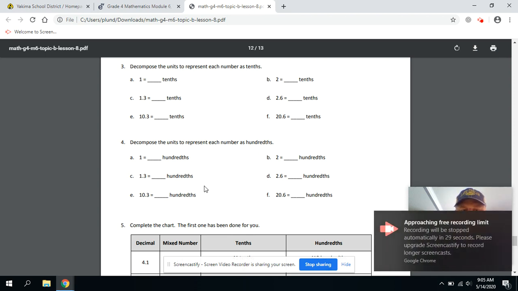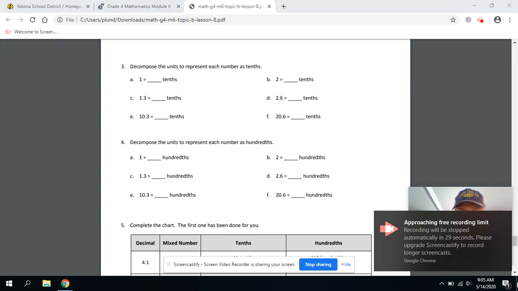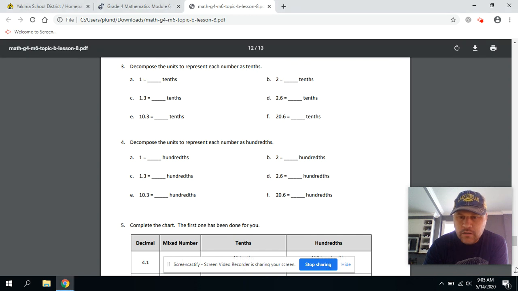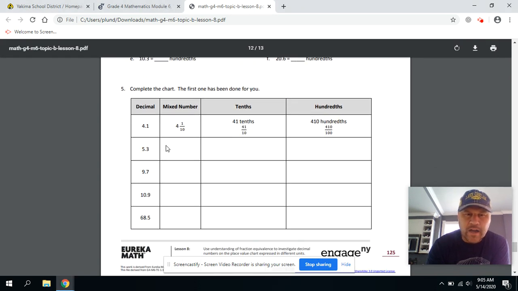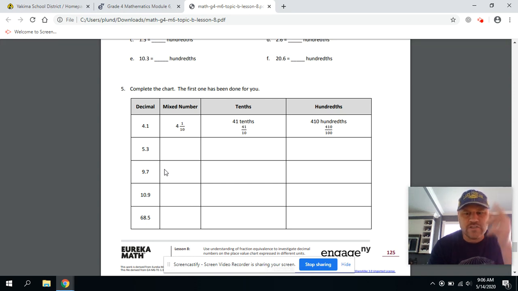So that's 130 hundredths. And then down here at the bottom, as we're running out of time, that's okay. Some more of this: 5 and 3 tenths equals 53 tenths equals 530 hundredths. There is a pattern, and I hope you see it. I'm guessing you probably do by now, but ask me questions if you have any questions. Okay, thank you.